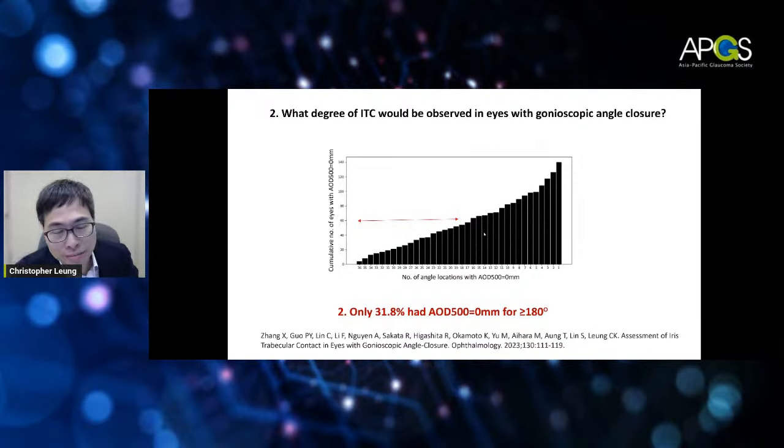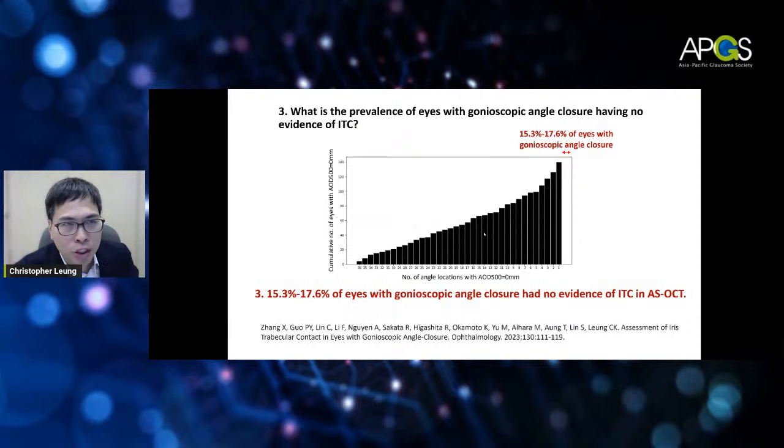The third question we ask is how common it is for eyes with gonioscopic angle closure to have no evidence of ITC. Again, this graph shows the 36 angle locations, and we're talking about the number of these angle locations with ITC.